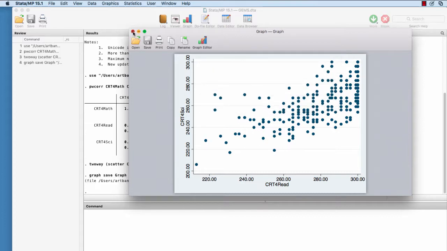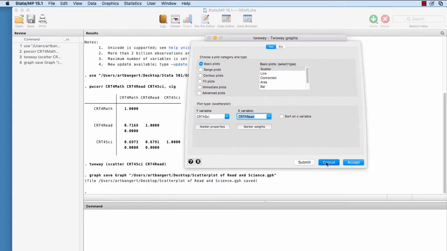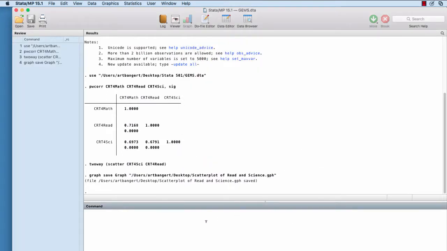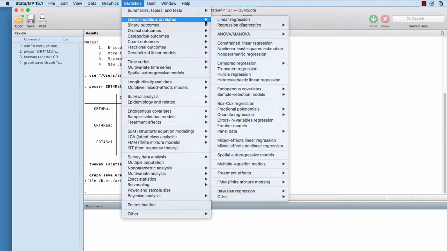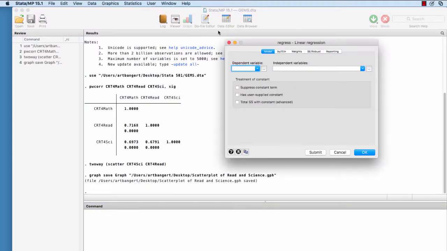Now, to conduct a linear regression, I can go to Statistics, Linear Models, and Linear Regression. And in this case, my dependent variable, the variable I'm predicting or want to explain, is science. And my independent variable will be reading.